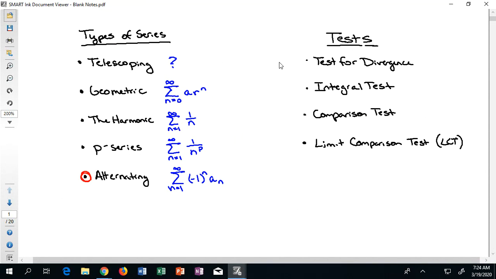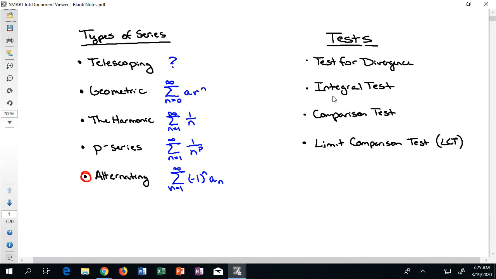But when we take a look at the tests, which applied when I didn't really have one of these types of series, the test for divergence was just saying I have to check what the limit of that a sub n formula is on the inside. That didn't care whether we were working with positive or negative things, but all of the other tests do. Remember, in the integral test, the matching function that I have to create had to be positive, decreasing, and continuous.